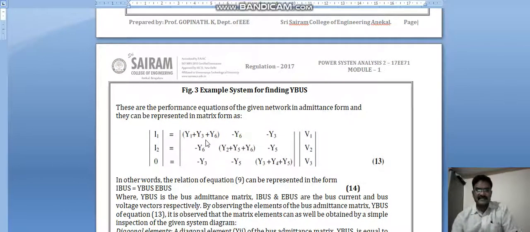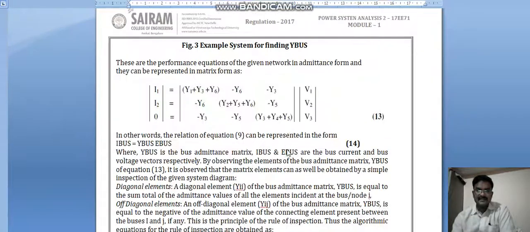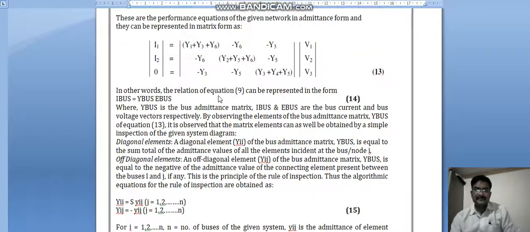In other words, the relation of equation 9 becomes I bus equals Y bus times E bus, where Y bus is the bus admittance matrix, and I bus and E bus are the bus current and bus voltage vectors respectively.